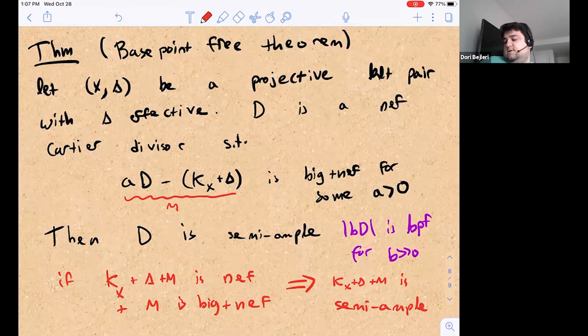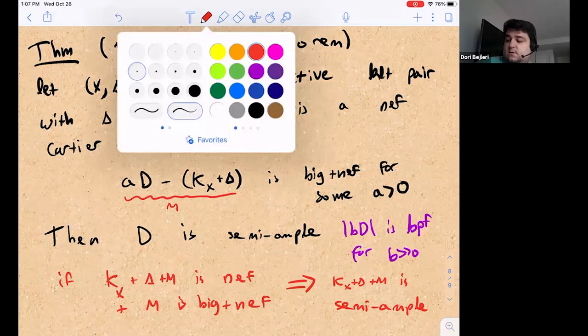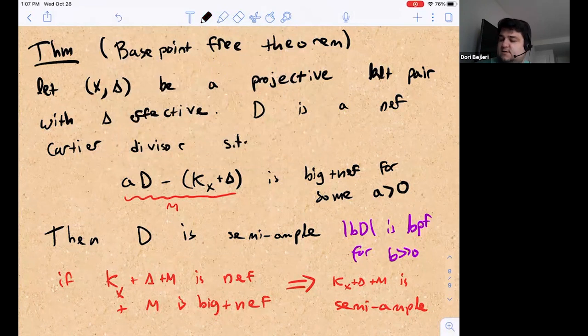So this is reminiscent maybe of the abundance conjecture, but in this log setting, but with the difference being that here, to get semi-ampleness, we needed to add this big and nef divisor. Okay, so that's the base point free theorem.